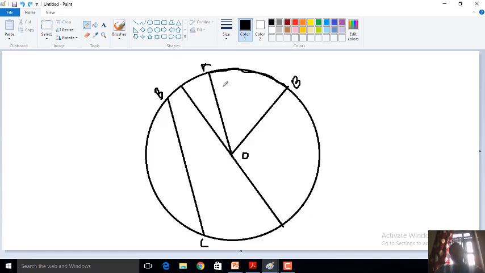Now if we join the end points of the arc of circle, the region that we obtain is known as segment of the circle.